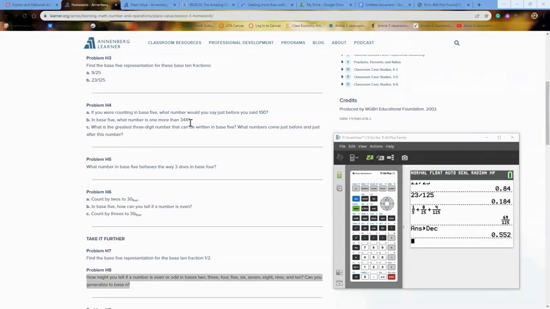Okay. And what is the greatest 3-digit number that can be written in base 5? What number comes just before or just after? So that's a tricky question.